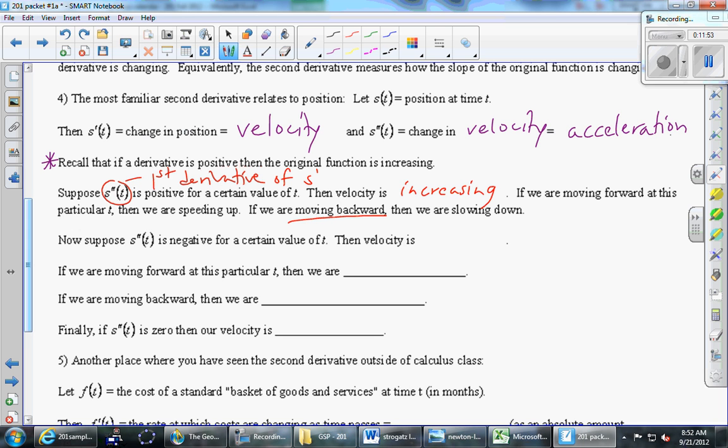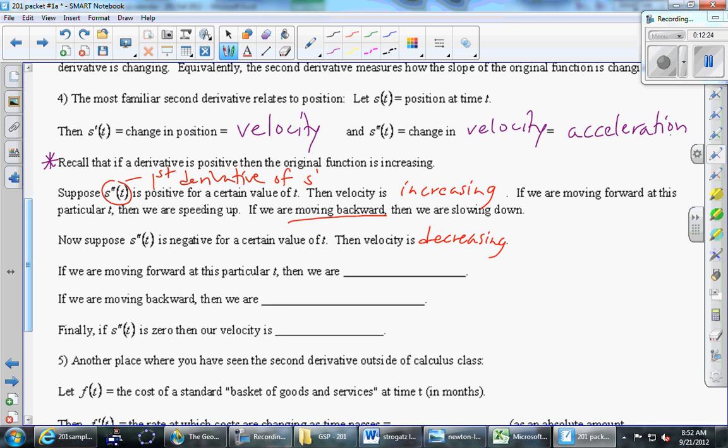Okay, now suppose that s double prime is negative. That means that the first derivative of s prime is negative. If a derivative is negative, what is the function doing? It is decreasing. So in this case, velocity is decreasing. So suppose for a second that your velocity is decreasing.